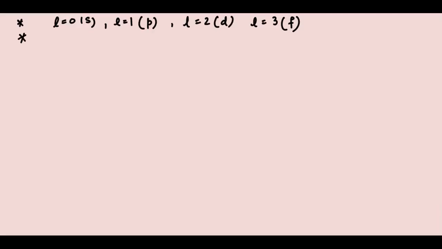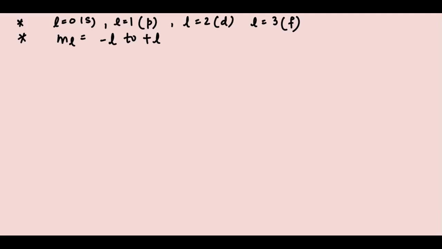The next point to remember is that the value of ml is from minus L to plus L. That means its range exists from minus L to plus L. The magnetic quantum number is dependent on the value of L, because in the symbol of the magnetic quantum number, L is written in the subscript.